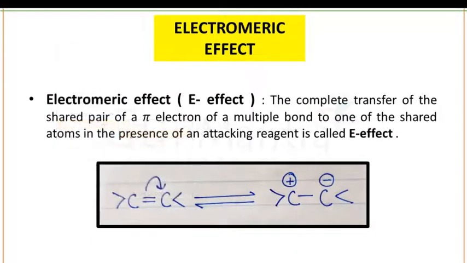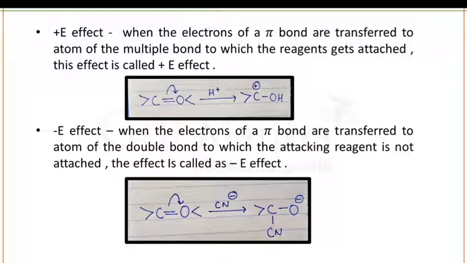When an electron pair is completely transferred from this double bond, it will generate a positive charge here and a negative charge here. So this is your electromeric effect. Electromeric effect can be of two types: number one is plus E effect and number two is minus E effect.